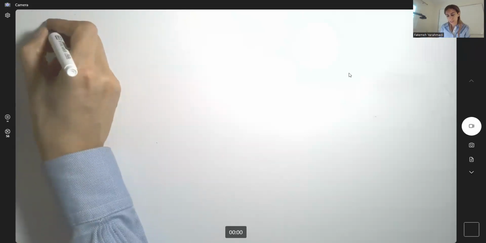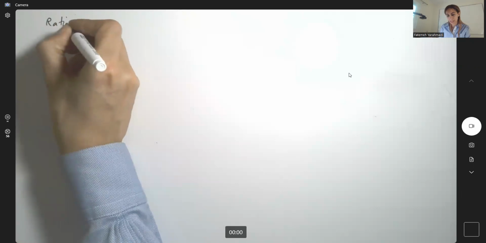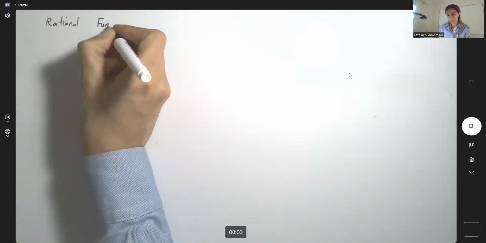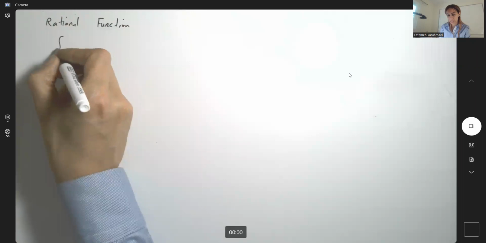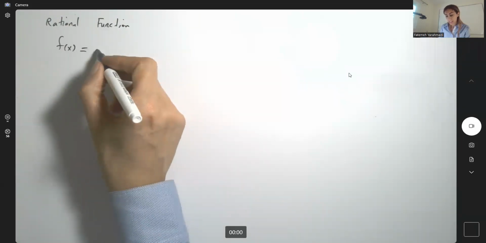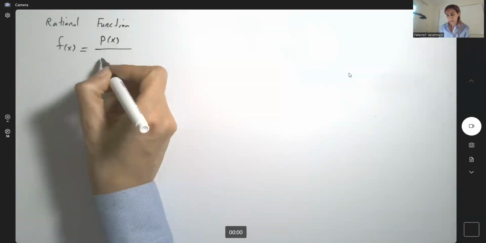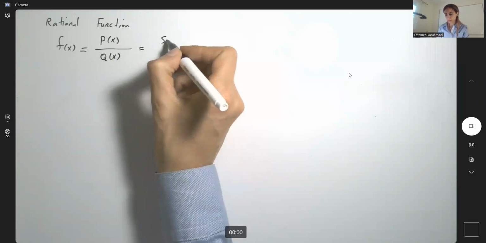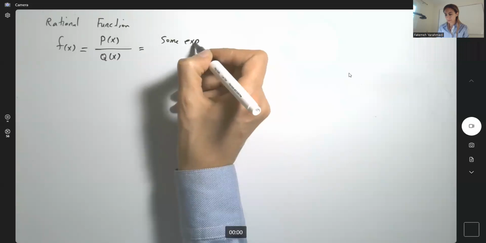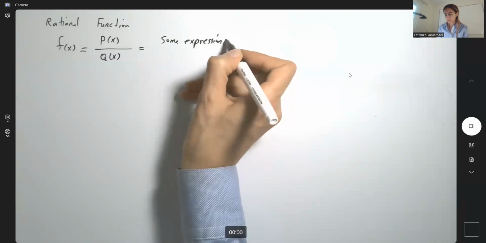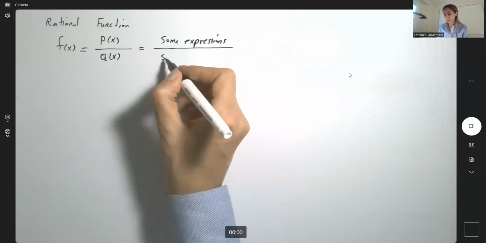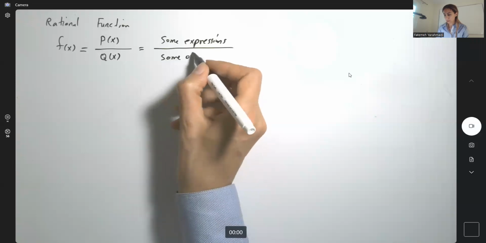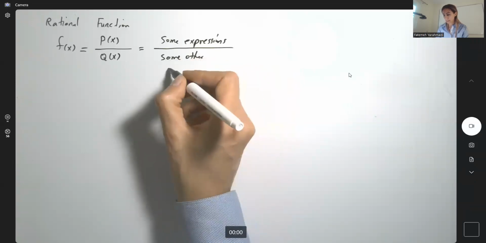So in general, we define rational functions this way. We say that we have a rational function if your function is p(x) divided by q(x), some expressions divided by other mathematical expressions.